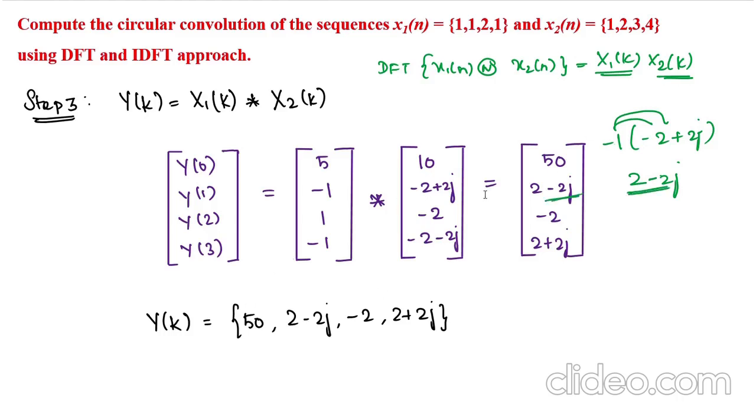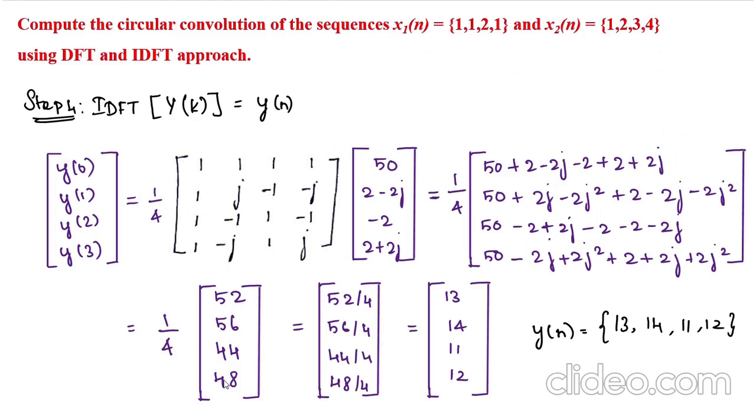Now 1 into minus 2 is minus 2, and at last minus 1 into minus 2 minus 2j. Similarly, minus 1 will be multiplied by both the terms. 1 into 2 is 2, minus into minus is plus, and 1 into 2j is 2j, minus into minus is plus. So 2 plus 2j is the answer. So now we have got the answer for Y of k.